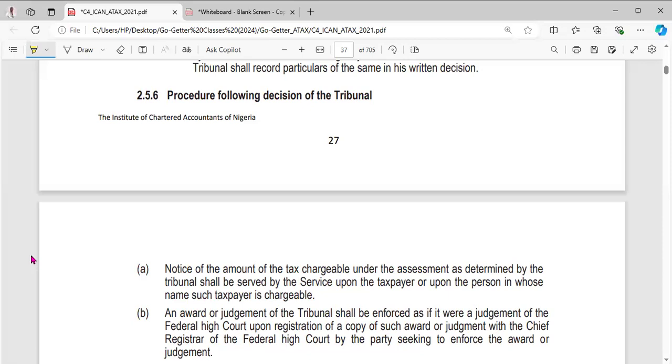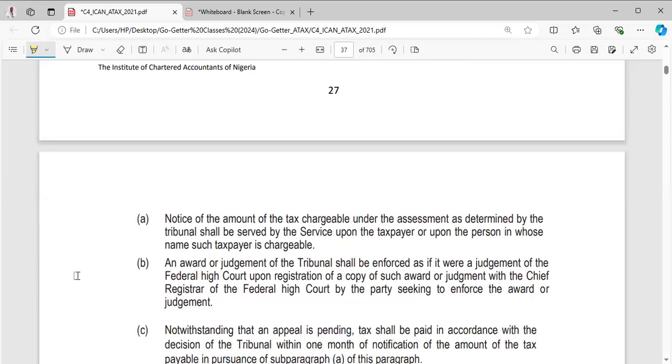So it means that if the judgment is saying that this is a judgment tax, the judgment tax is a tax judged by the tax appeal tribunal. Now they are going to write an assessment, that's the FIRS will write an assessment and serve it on the taxpayer.